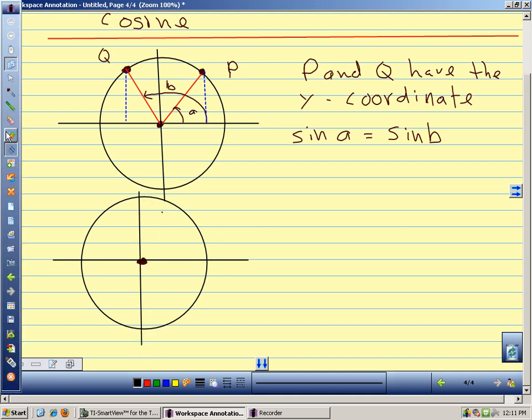So there's our x and our y axes. And we'll have to make the center nice and big here so it works. And now I'm going to put 2 points P and Q that have the same x coordinate. There's point P. And there's point Q. So let's draw in a radius for each of these.